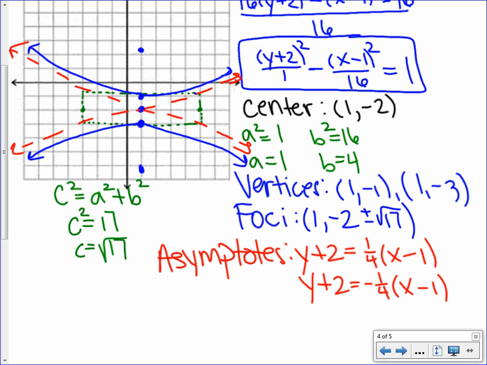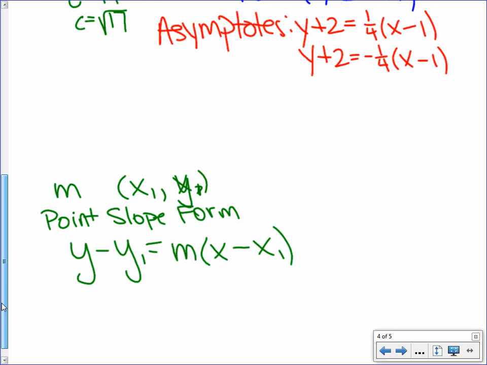Y plus 2 equals 1/4 times the quantity x minus 1. Is that less work than doing the y equals mx plus b? Yes. So please write them in point slope form.